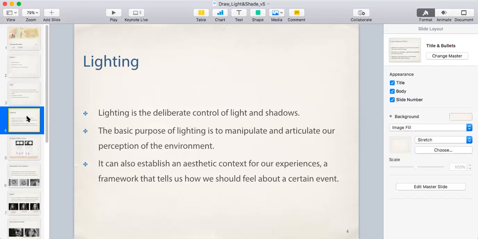Lighting is the deliberate control of light and shadow. I think it's usually done in a studio setting. When you are taking pictures and shooting a video, you definitely need some equipment to help, such as spotlight or floodlight.